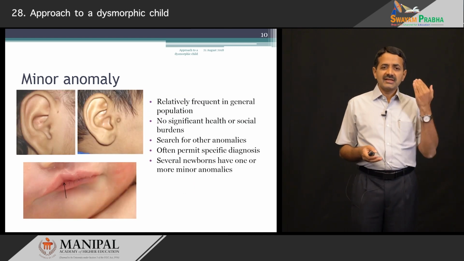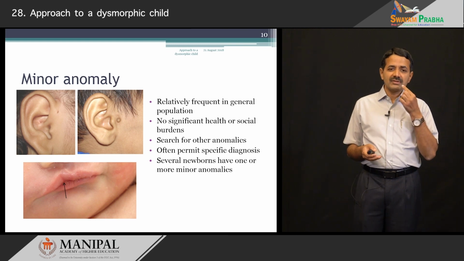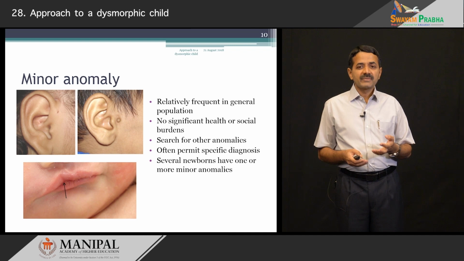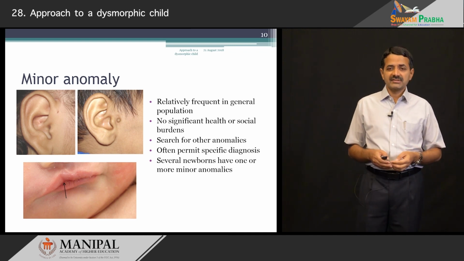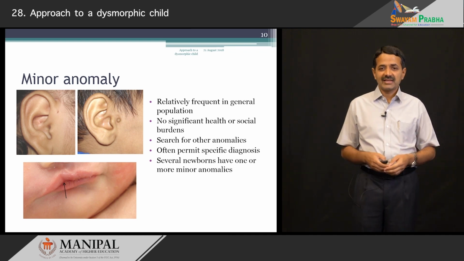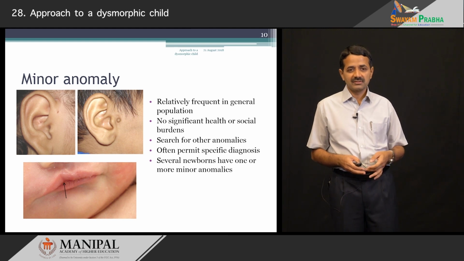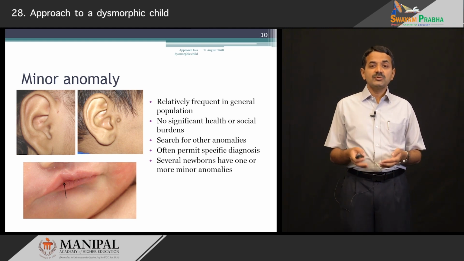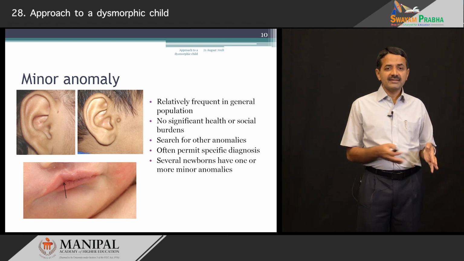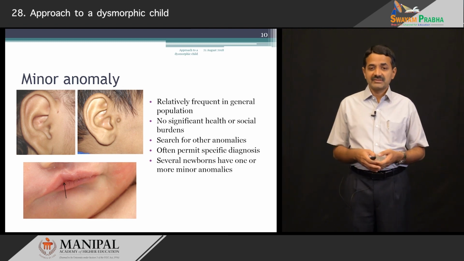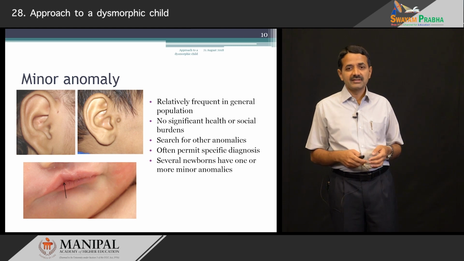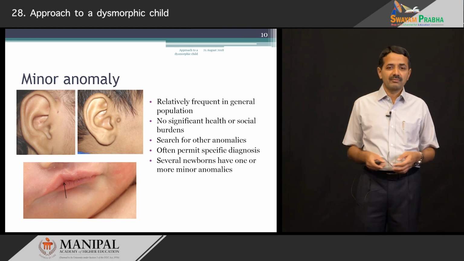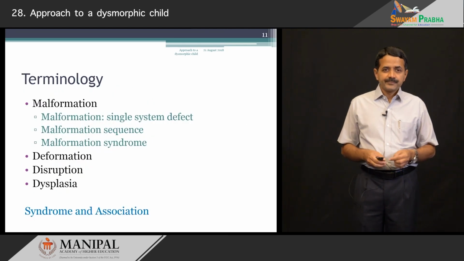Minor anomaly, you can see an ear pit, a small cleft lip or a preauricular tag, which are relatively very frequent in the general population, with no significant health or social burdens, not even major cosmetic burden, but they warrant us to search for other anomalies and often permit specific diagnosis. I will give a few illustrations, and several newborn babies have one or more minor anomalies.